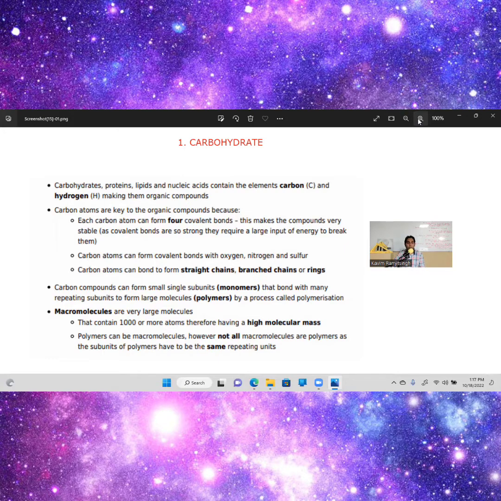And it could accommodate oxygen, nitrogen, sulfur. It could form straight chains, branched chains, or rings, right? Those first two points there are from CSEC chemistry, right? And also what are monomers and polymers and macromolecules, CSEC chemistry again, right?